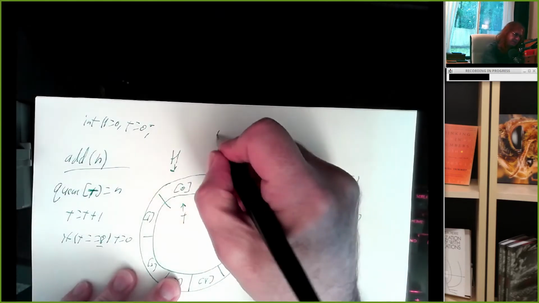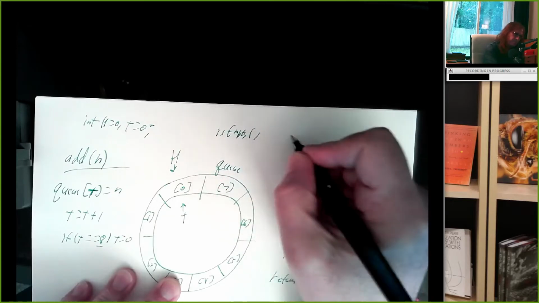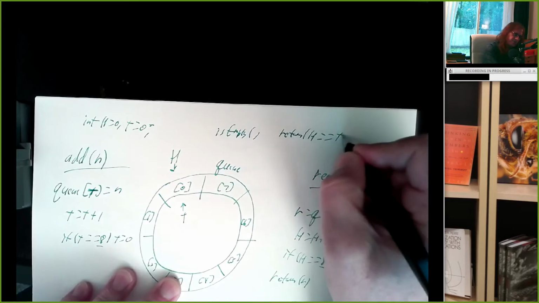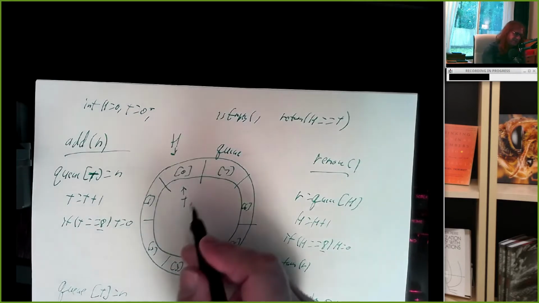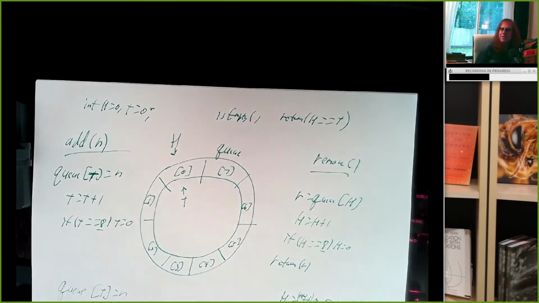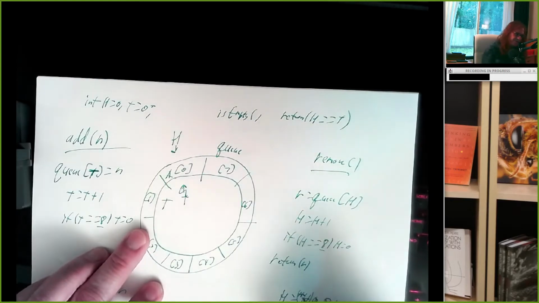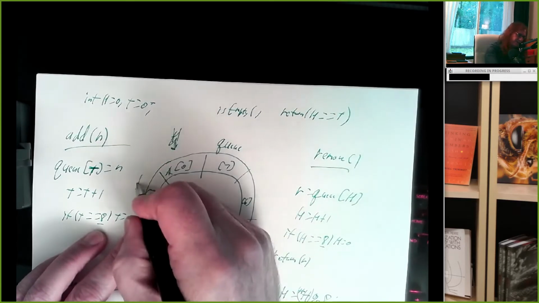And then, is our Q empty? All we have to know is if our head and tail are equal to each other. So when we start off, head and tail are both 0, that's an empty Q. If we add one thing to the Q, let's put an A in here, change our tail to be right here, and then remove one thing from the Q, so remove the A and change the head to be here.